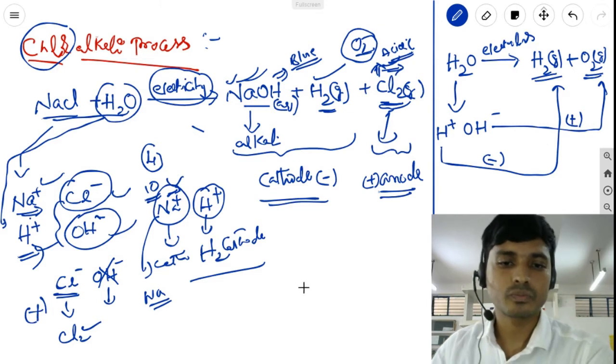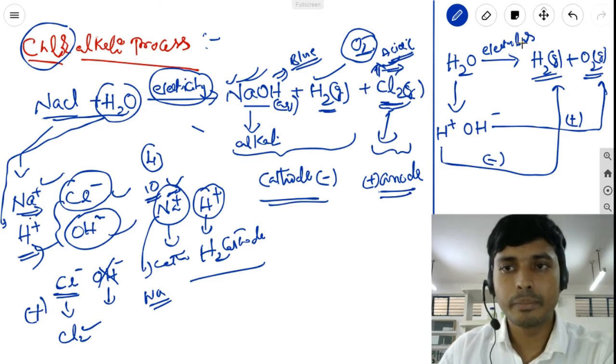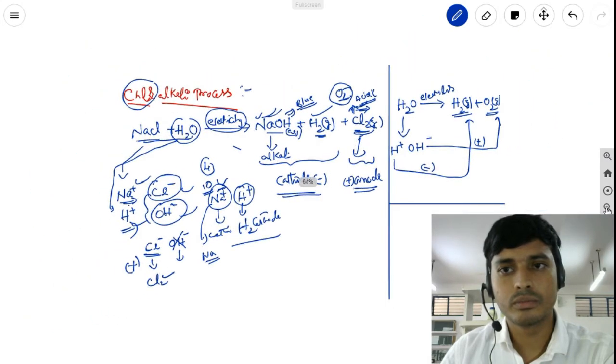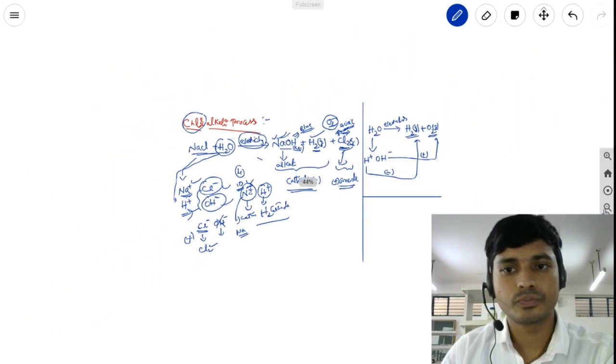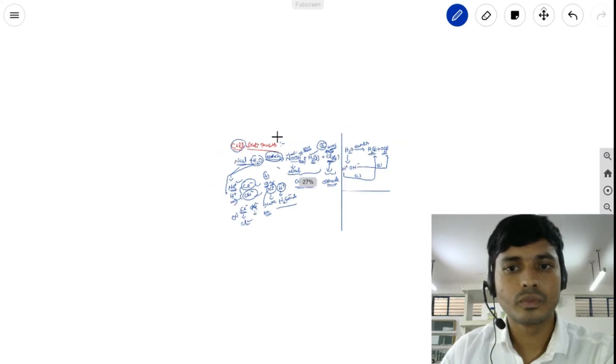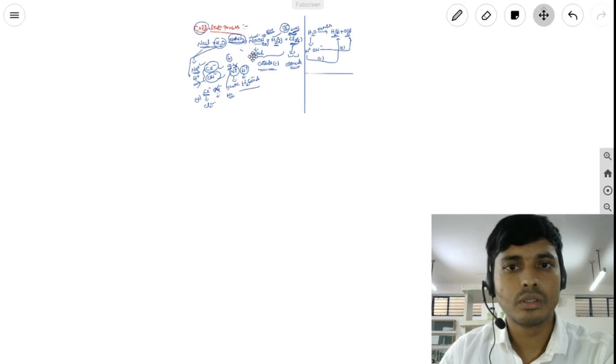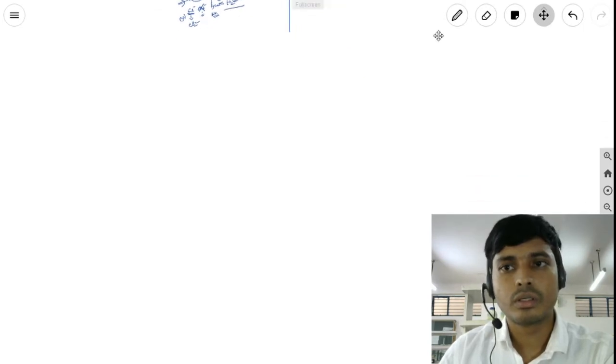As it is the negative one, that goes to the positive terminal, which is the anode. That's how this forms. Let me draw one diagram, by that you can get a clear idea.